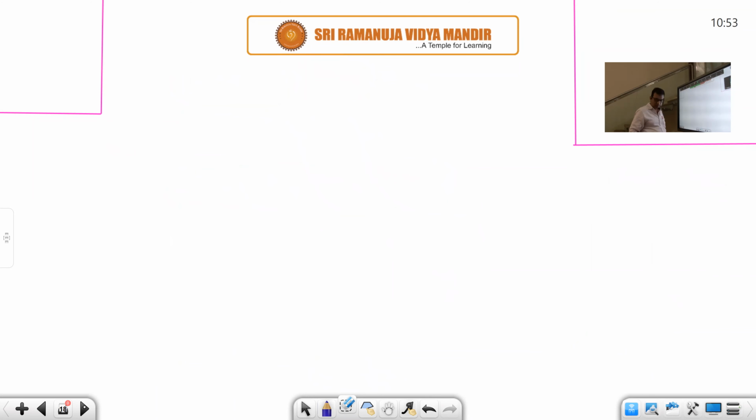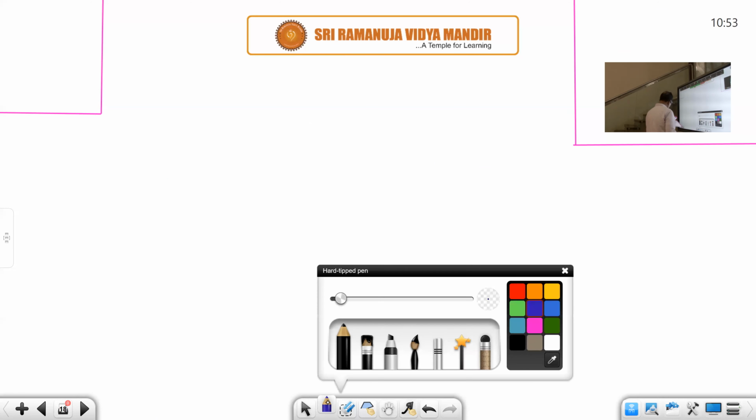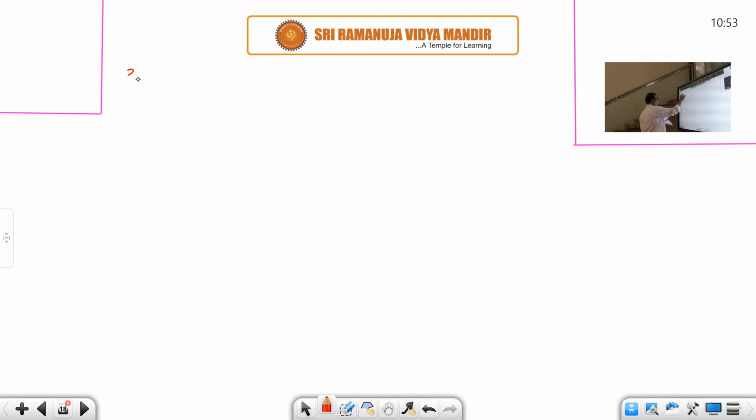Let us go forward. Next one itself you have 5 factors. Madhuri, please help me in solving the next problem also, because the next problem is just similar to this one.